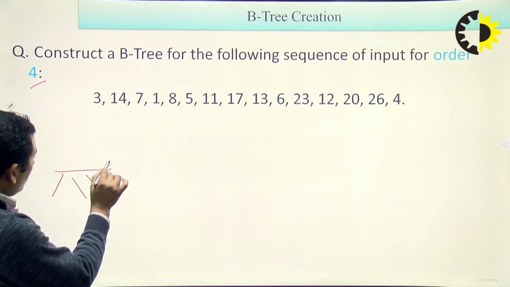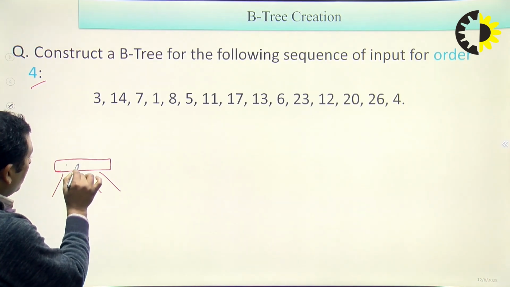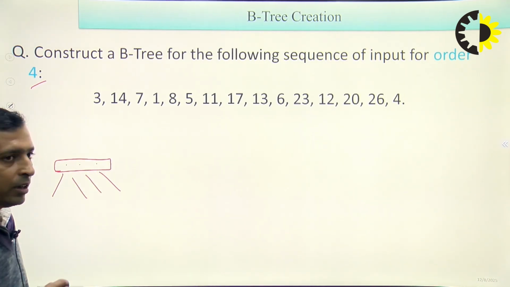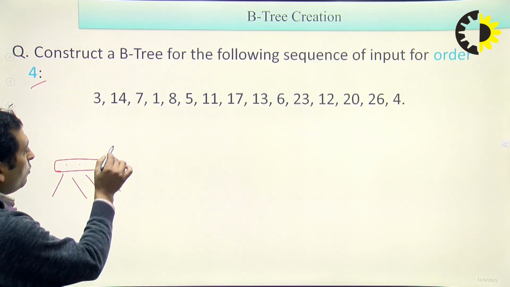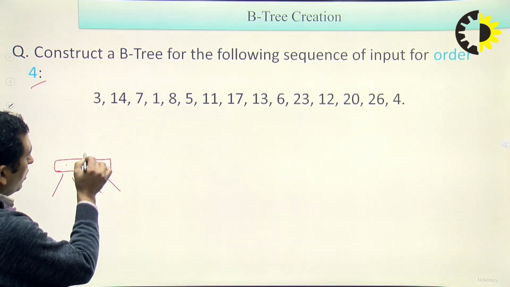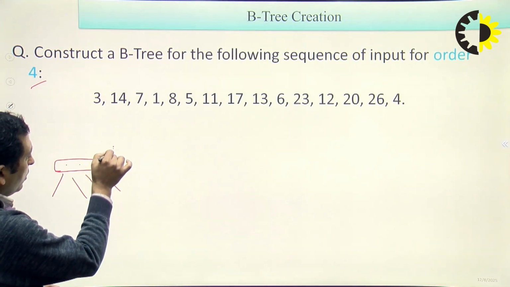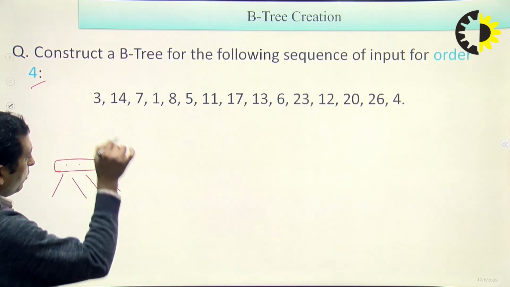So the number of keys is 4 minus 1, that is 3, and splitting takes place when a new key comes.